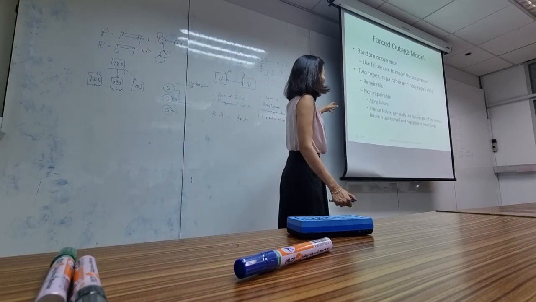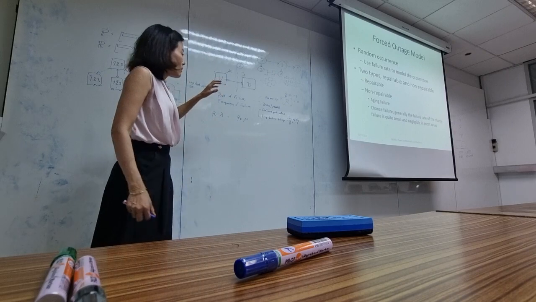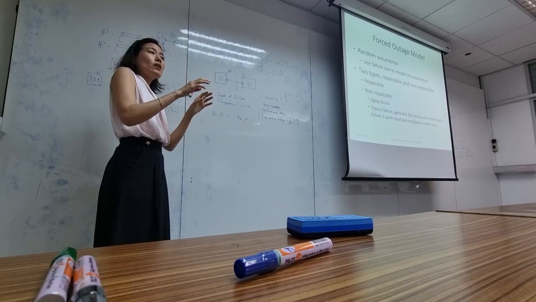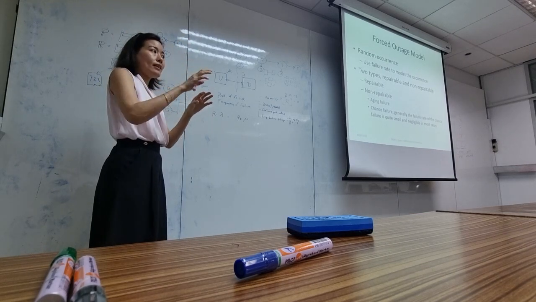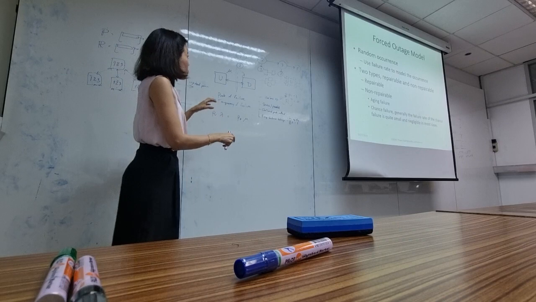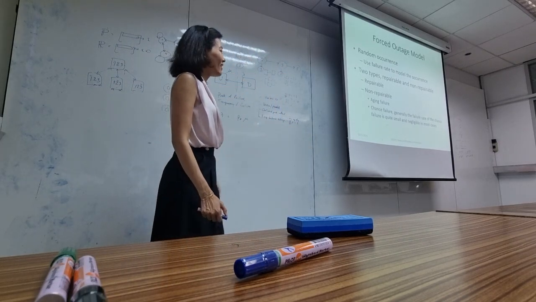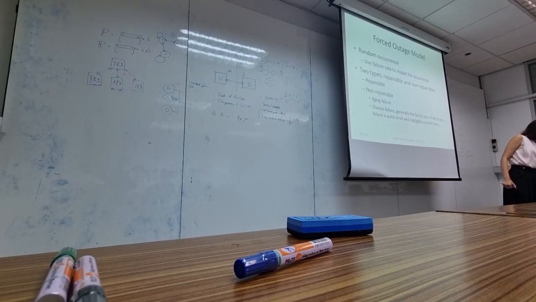When we look at this kind of modeling, we try to mimic, we try to represent what actually happens in the system and try to represent it by some states. So these are the forced outage models.